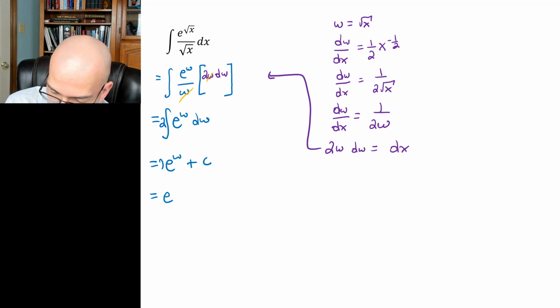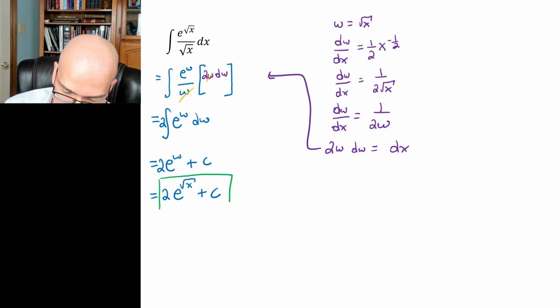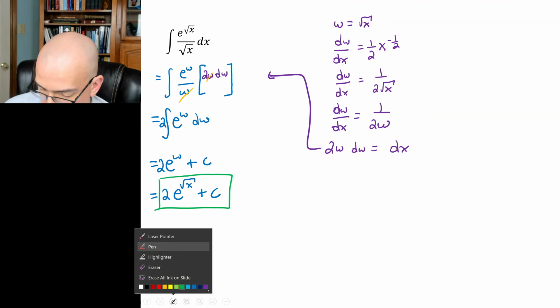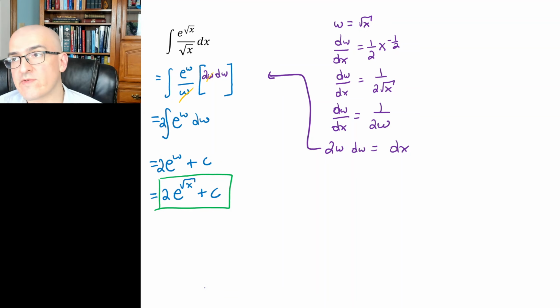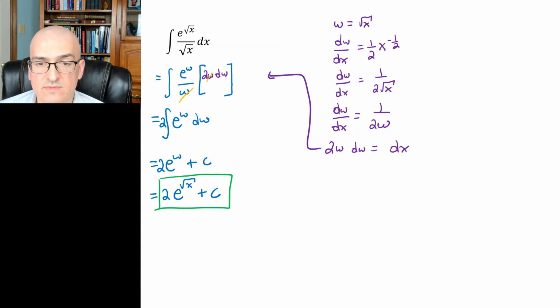So there's a 2, 2 e to the root x. Oh man, I'm having some writing problems. Root x plus c. There you have it. And you can check the derivative of that expression after you simplify, the derivative is going to be e to the root of x over the root of x.